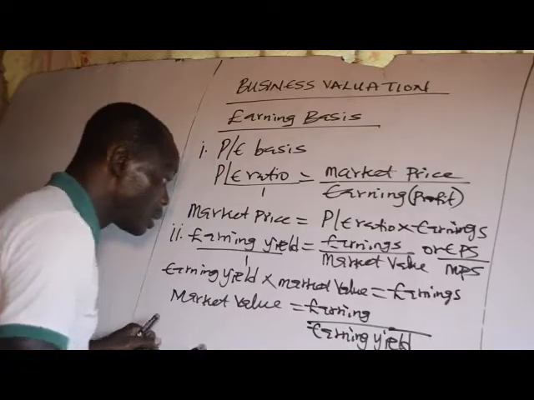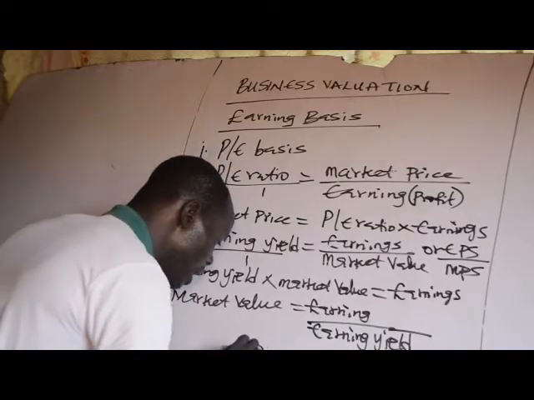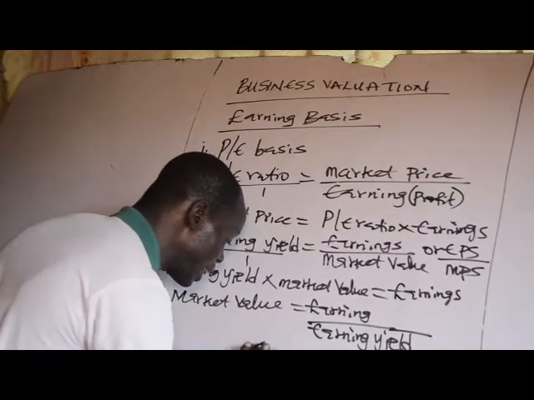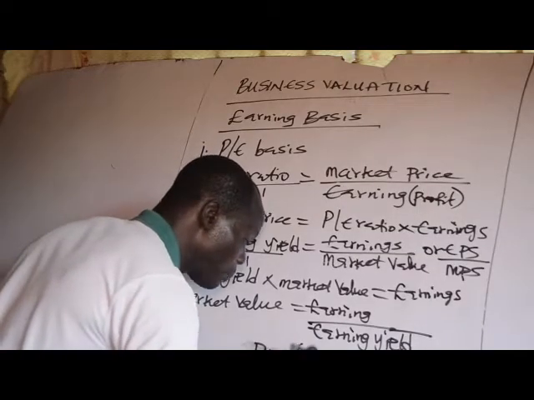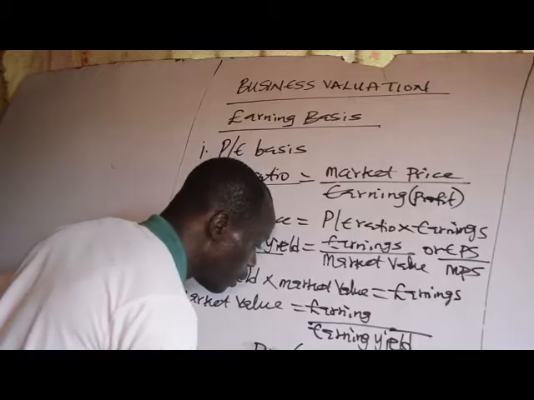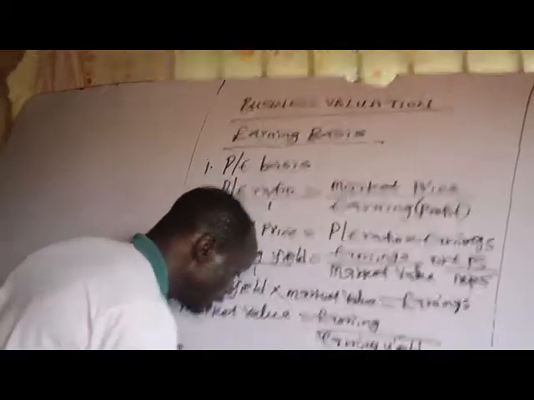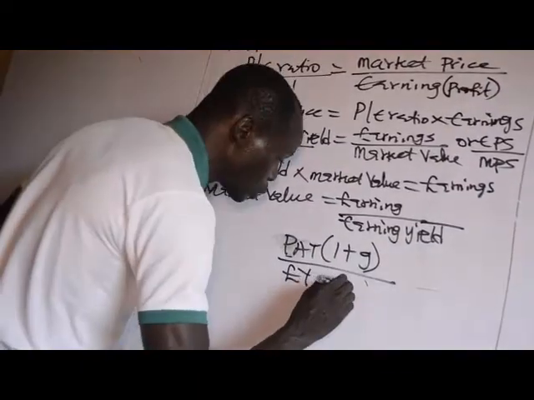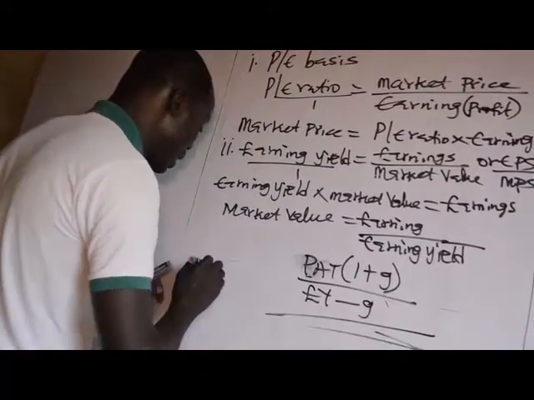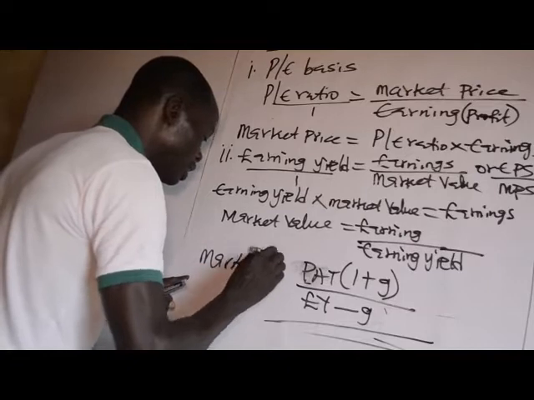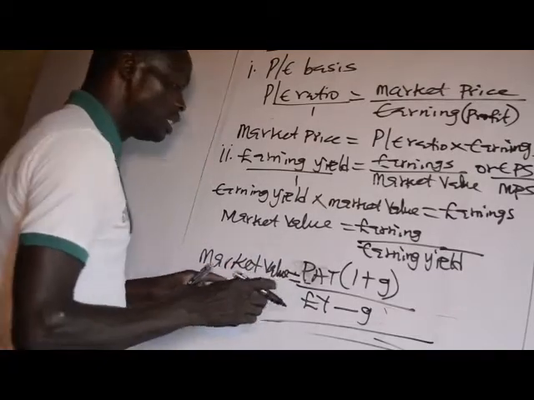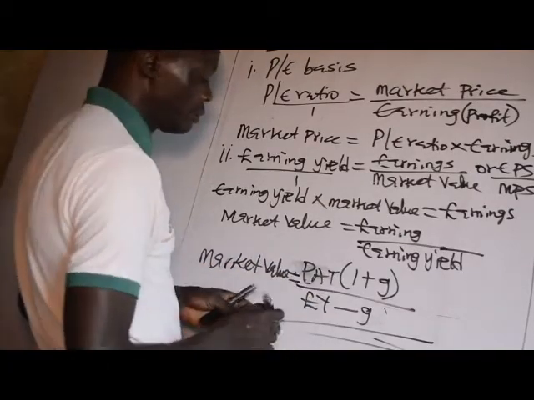But anytime there is a growth in earning, the formula becomes earnings, which is your profit after tax, times 1 plus growth rate over earning yield minus growth. That is the market value, using earning yield basis.